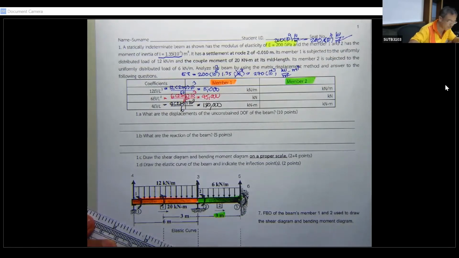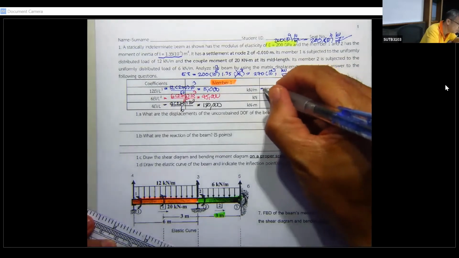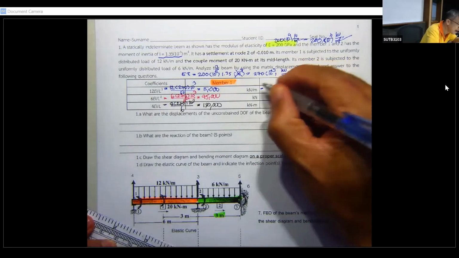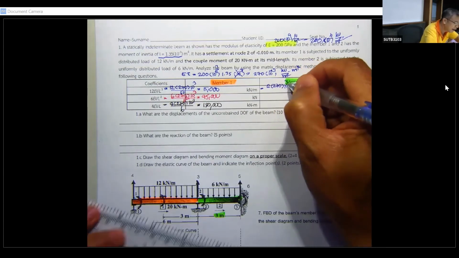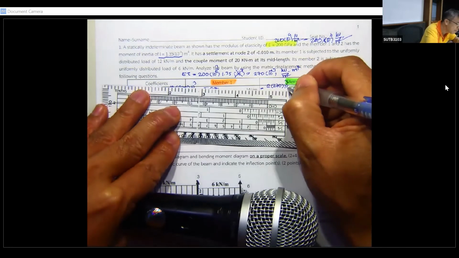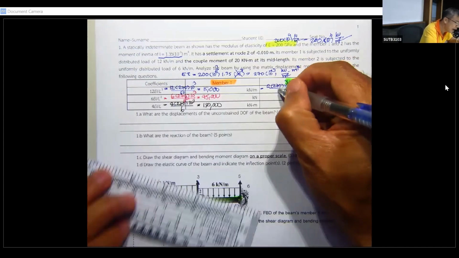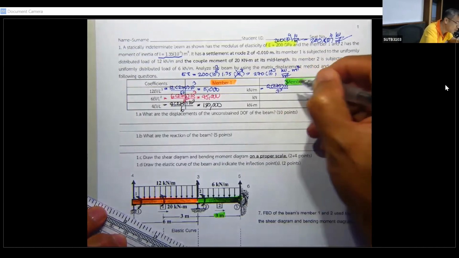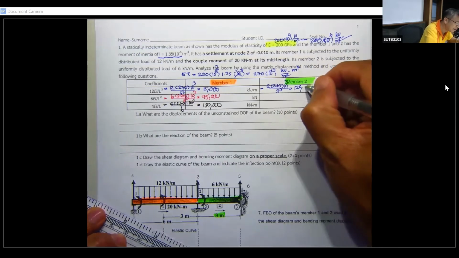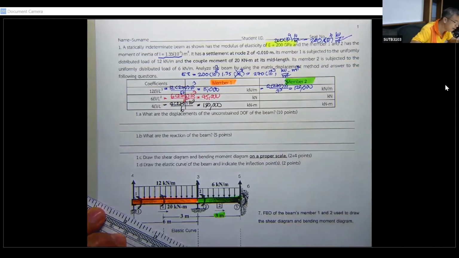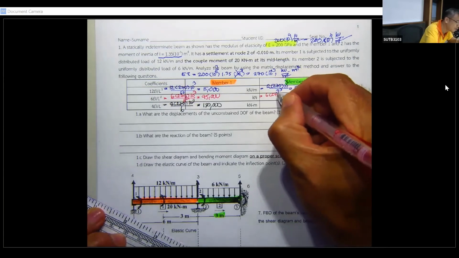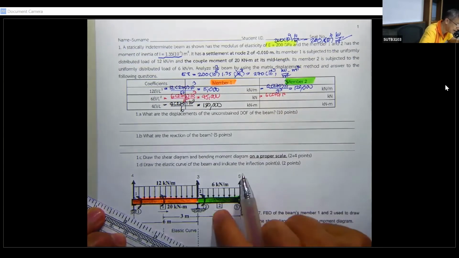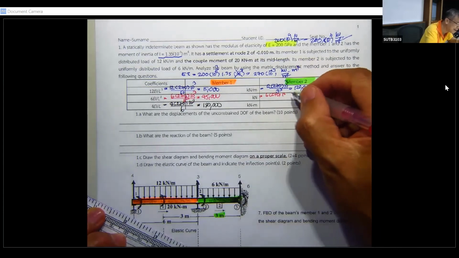Now we move to member number 2: 12 EI, the L just changes. Okay, and then do it carefully. It's going to divide by 3 cube, and the number is going to be very large, 120,000. For the second one, again, you use the same, 6 times 270. The problem is easy. We can change one of the members to be another EI.